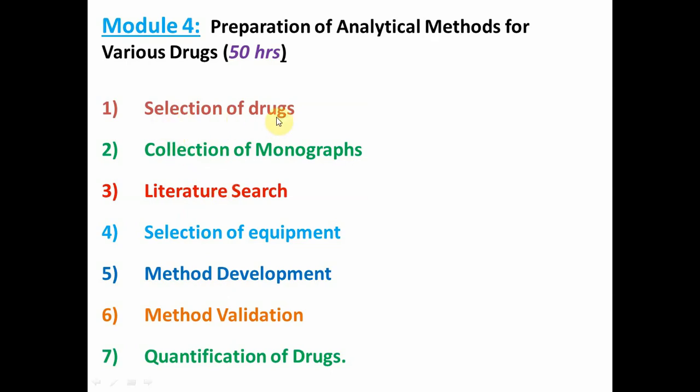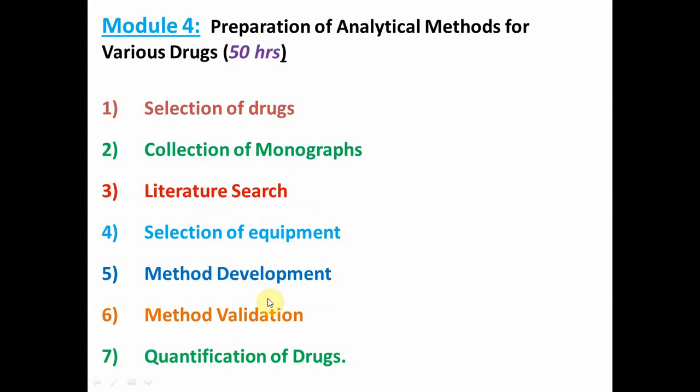First, the selection of drugs. First we select the category, then we select the new drug. According to the drug, we will do the literature search. Then we select the equipment, which method we are going to use, whether HPLC or UV. Then method development. In method development, firstly we have to use the UV.